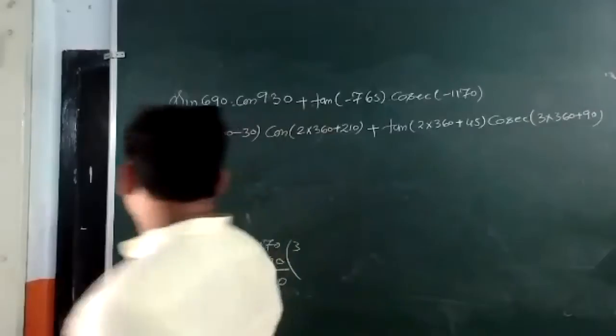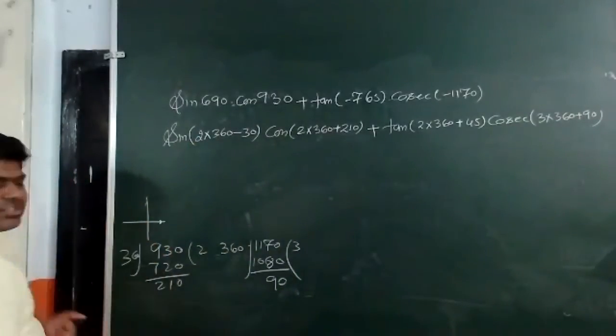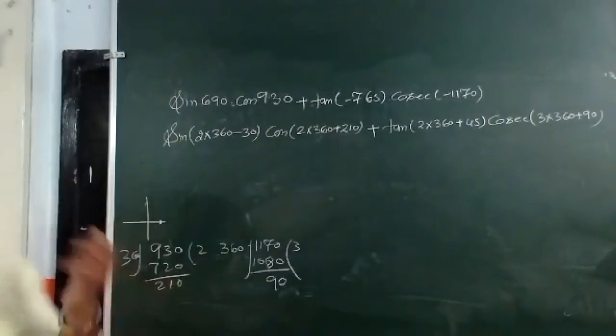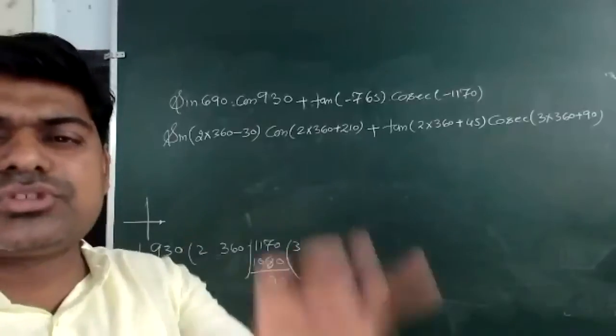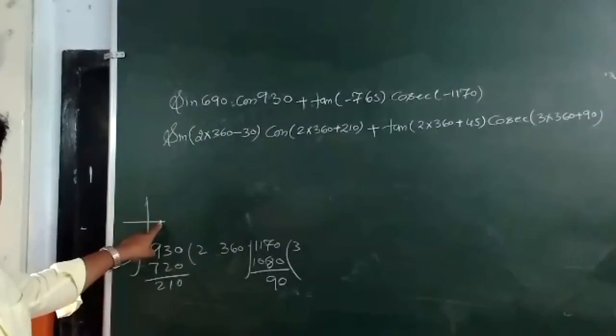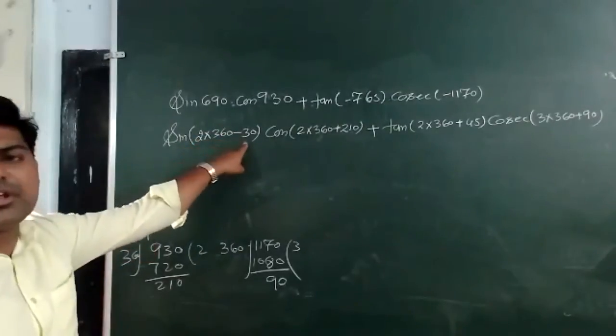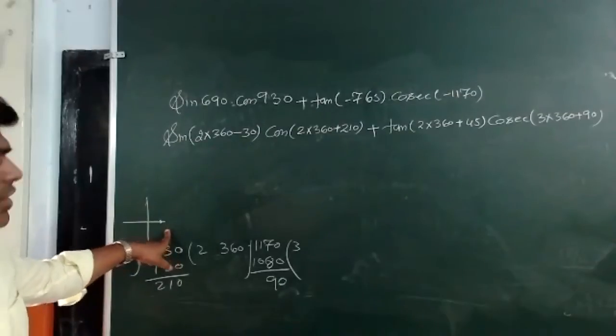Now, for the boundary line 360, whether the coefficient of 360 is 1, 2, 3, 4, whatever, we will always come back here. If I subtract something from there, it will go in the fourth quadrant. In the fourth quadrant, sine is negative.